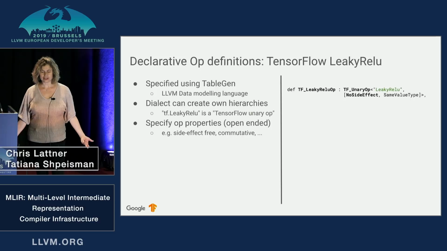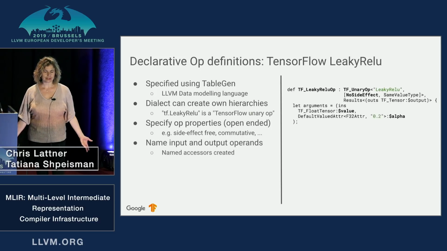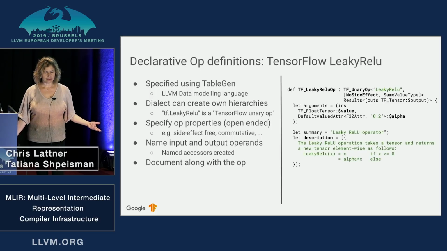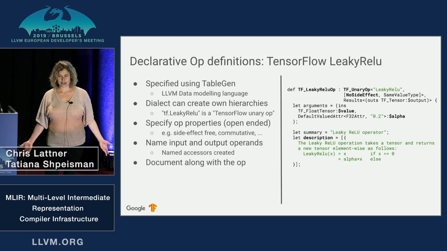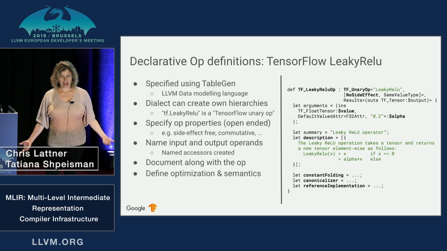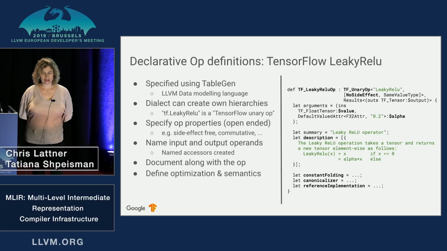Operations can have properties. So for example, if it has no side effects, we define once what it means and then reuse it. It has named inputs and outputs, attributes. The documentation for the operation is part of the operation definition, so that we can generate it. And then there are functions which let you define optimizations and semantics.